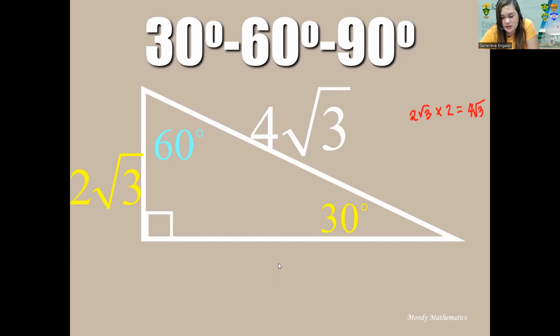How about this longer leg? 6. Okay, we have 2 square root of 3 times square root of 3, so that is 2 times 3, which is equal to 6. That's correct.